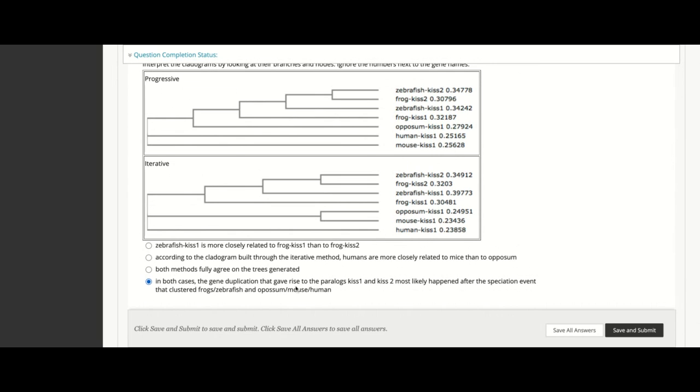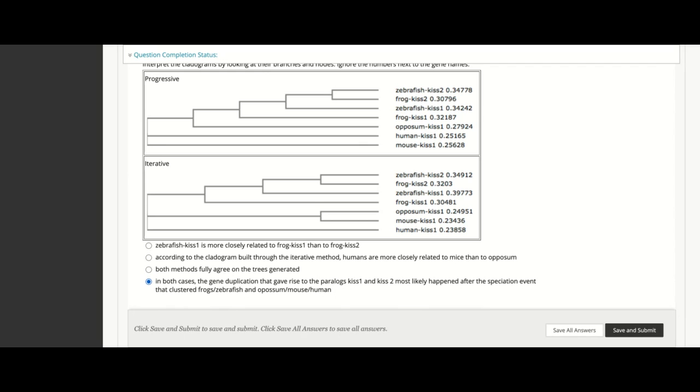The gene duplication that gave rise to paralogs kiss 1 and 2 most likely happened after the speciation event that clustered these things. So the details on that are on a separate slide, but I decided that I was not going to go into that much detail, and I was hoping that you would figure out by exclusion that this is true. Yeah, I got it by exclusion.